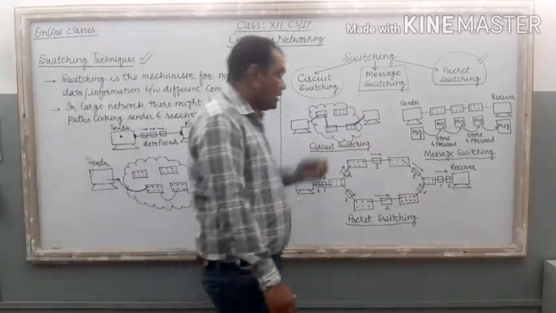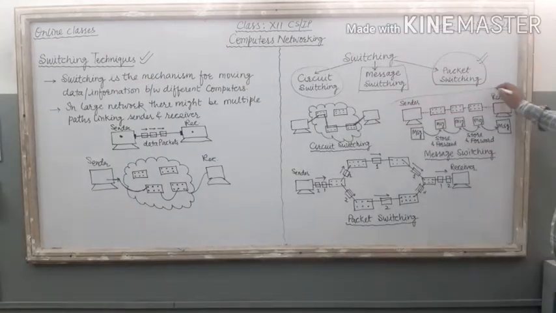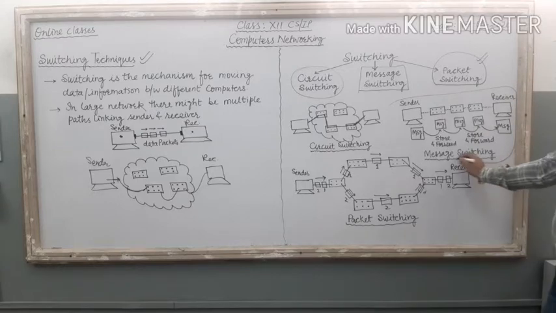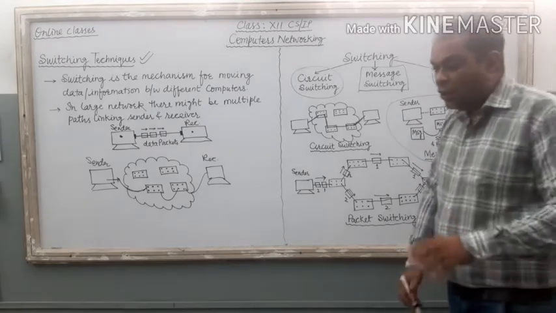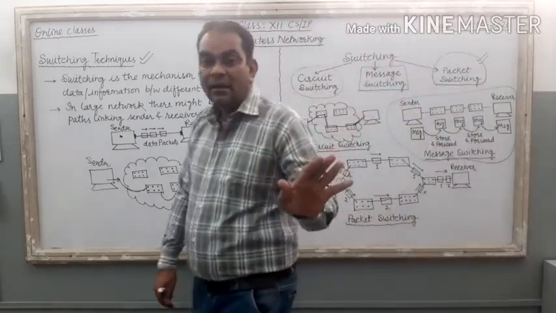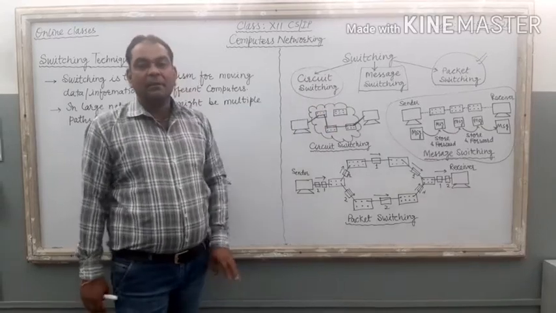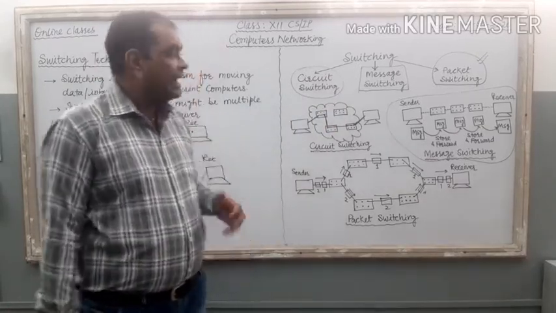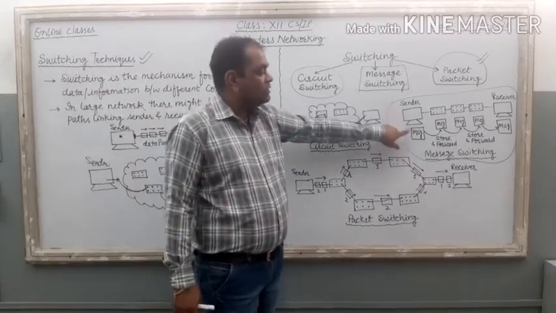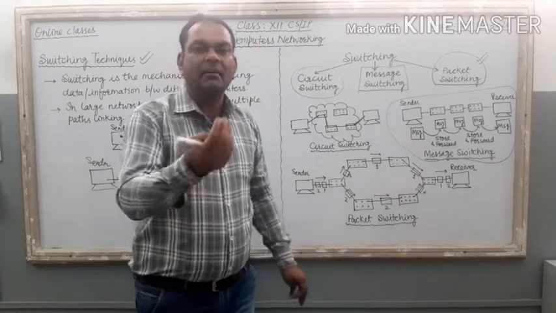Now come here, the second thing, it is the message switching technique, and this is the diagram of the message switching technique. Just see. In this message switching, no physical circuit, no physical communication line is applicable in between two different computers. Here, suppose one PC wants to send a message. This message switching totally depends upon sending a message only.